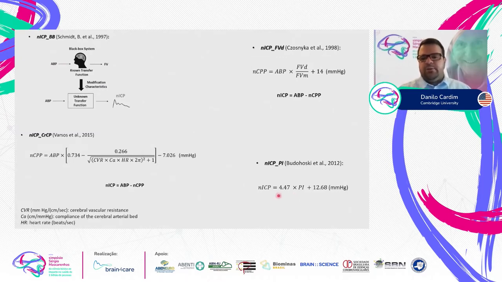For that purpose, one of our colleagues, Karol Budohoski, back when he was a PhD student in the lab, extracted this formula based on about 300 patients that we had with concurrent measurements of cerebral blood flow velocity, intracranial pressure, and arterial blood pressure. Then we obtained this formula that could be used to assess intracranial pressure non-invasively, and also provide us with an absolute value.